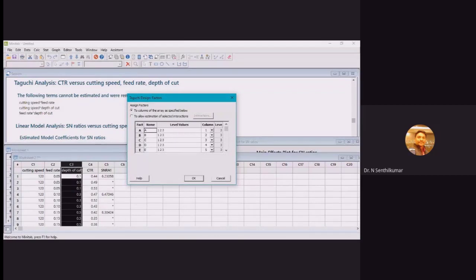I'm going with cutting speed 120, 150, 180. Then feed rate is 0.05, 0.1, 0.15, and the 5th column I have to select. Depth of cut is the 5th column, I have to select as 0.1, 0.3, 0.5.